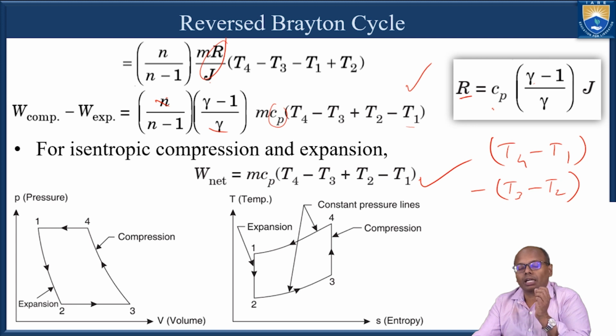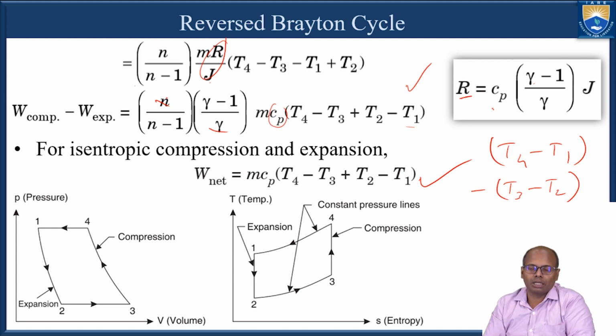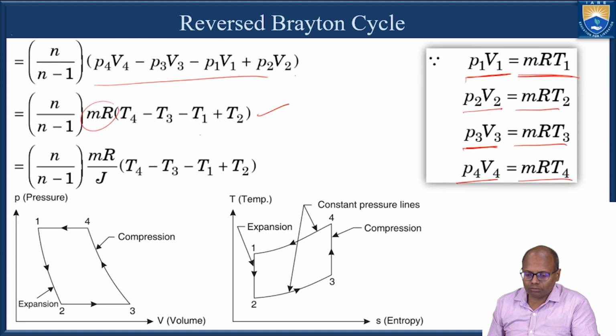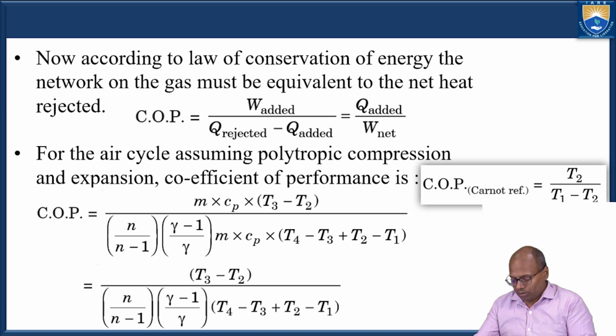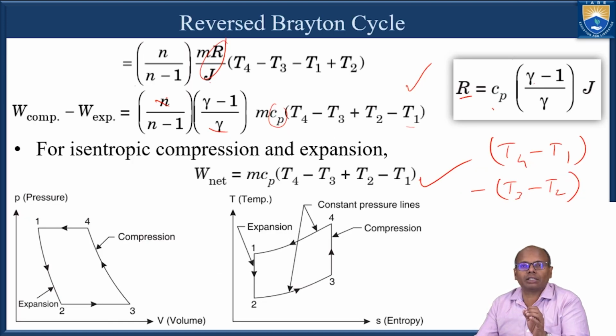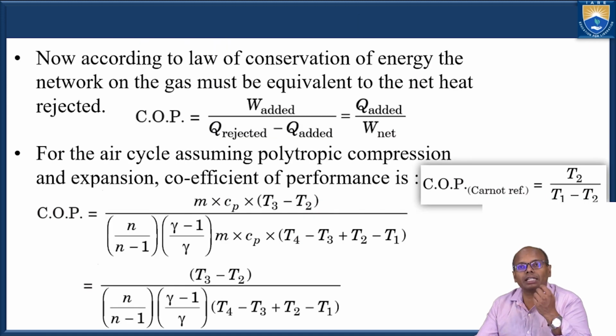So if the compressor and expander are working at isentropic process, then the net work can be obtained by simply taking the difference of the heat absorbed and heat rejected. Okay. Now, we have seen what is the net work and what is the net heat, or the refrigeration effect that is provided.